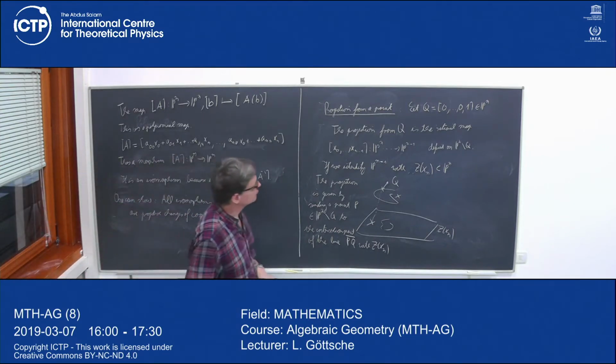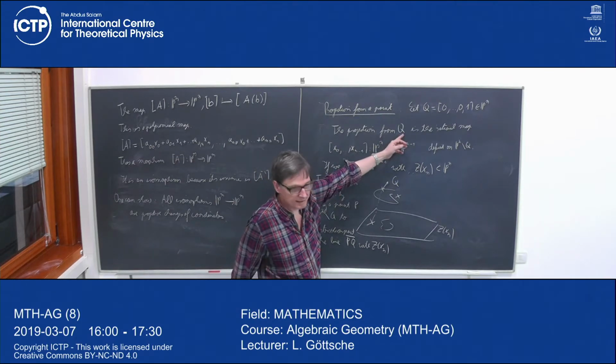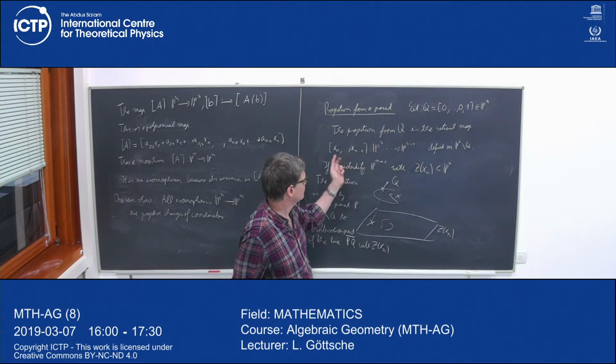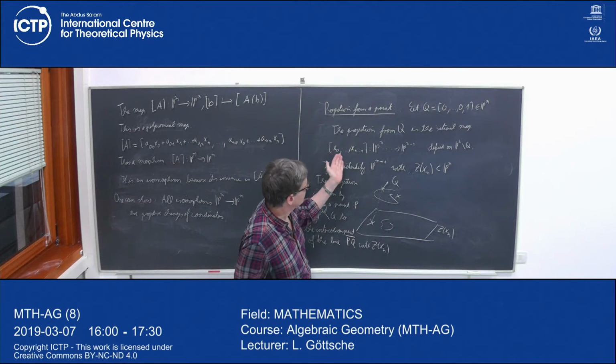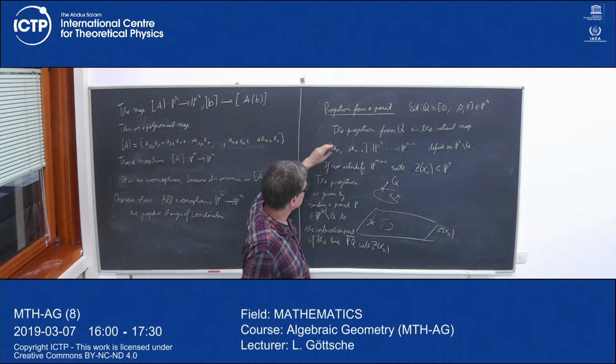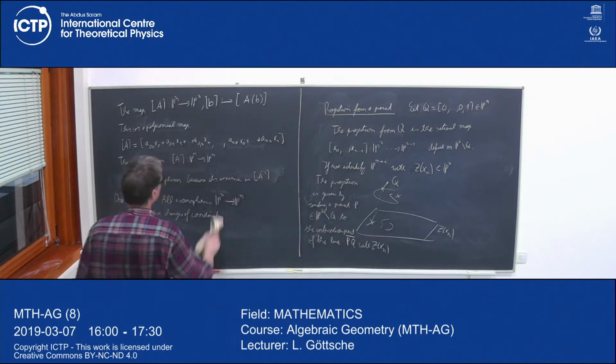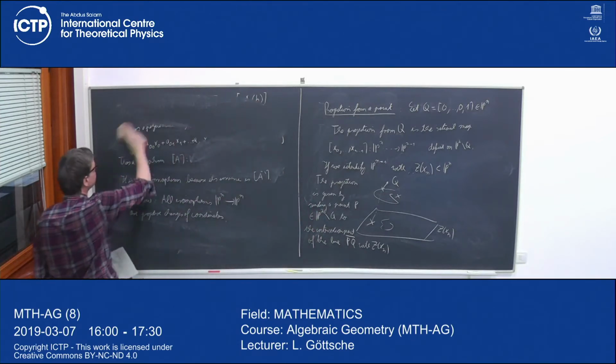And in the same way, you could also project from any linear subspace, the intersection of several hyperplanes like that. And again, then you can assume that this subspace is just the zero set of x0 to xn.